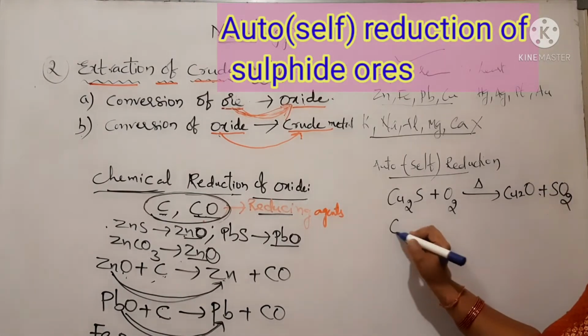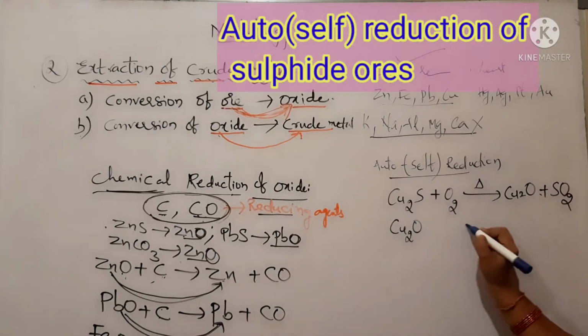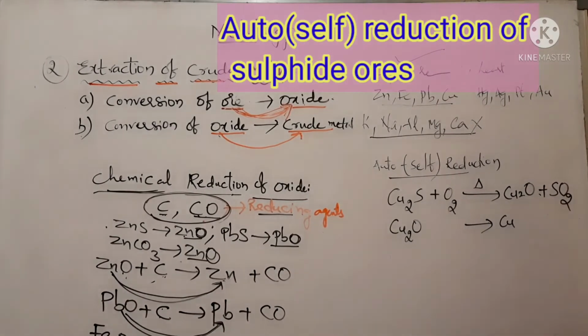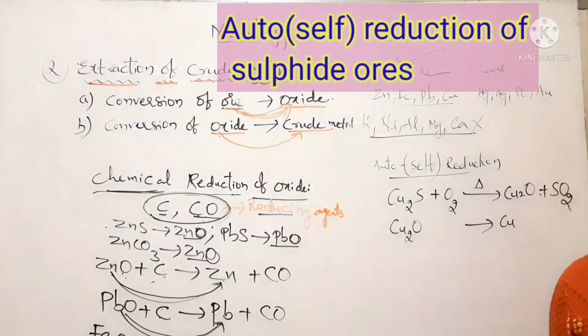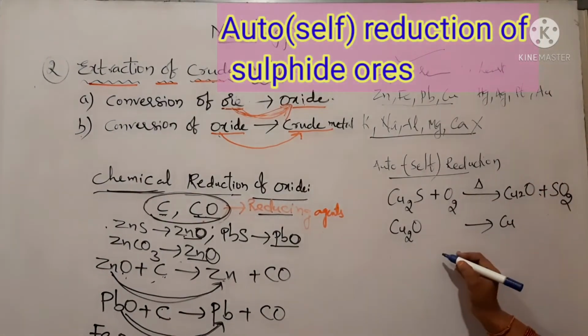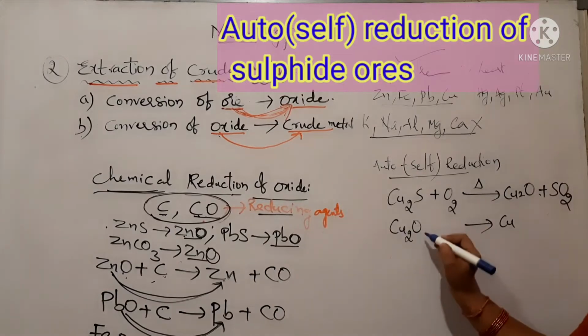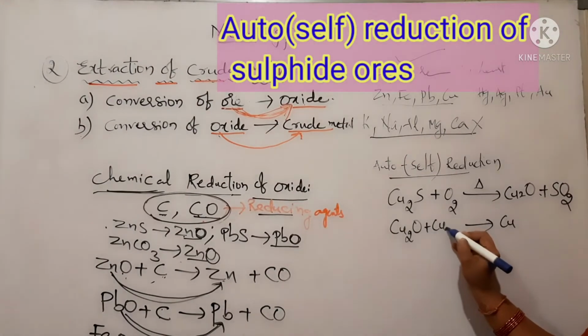Later, this oxide is to be converted to crude copper. Then you have to use reducing agents like C or CO. But instead of using reducing agents here, we will use the Cu2S present in the mixture itself.